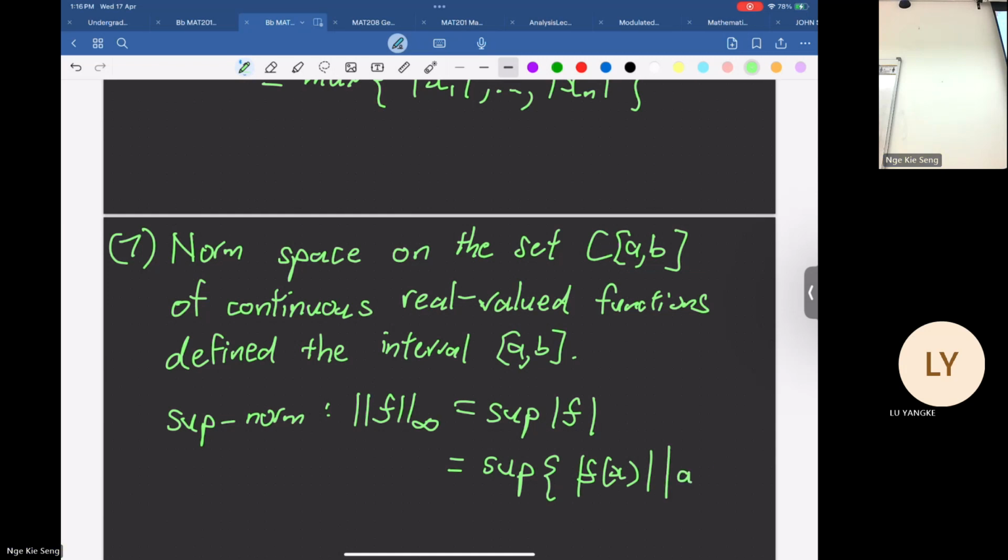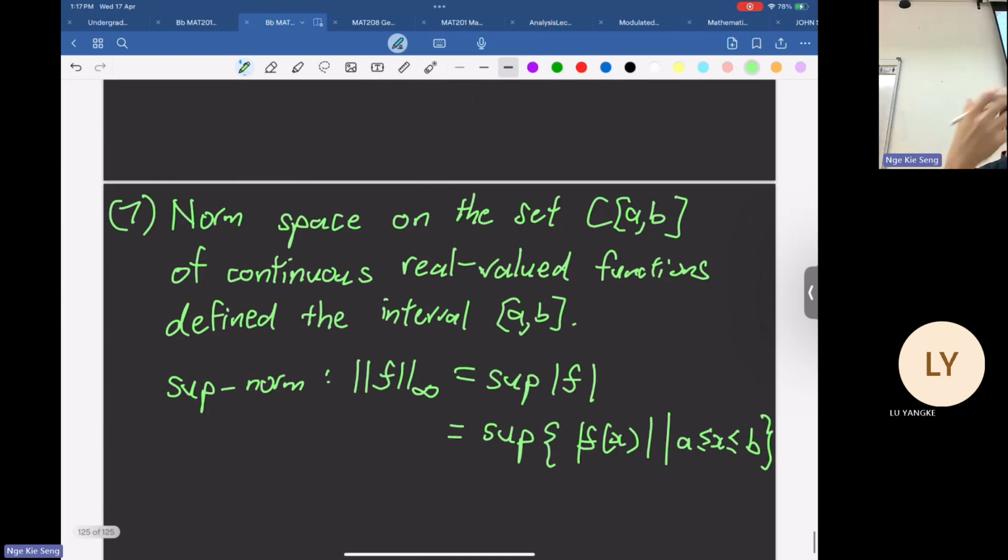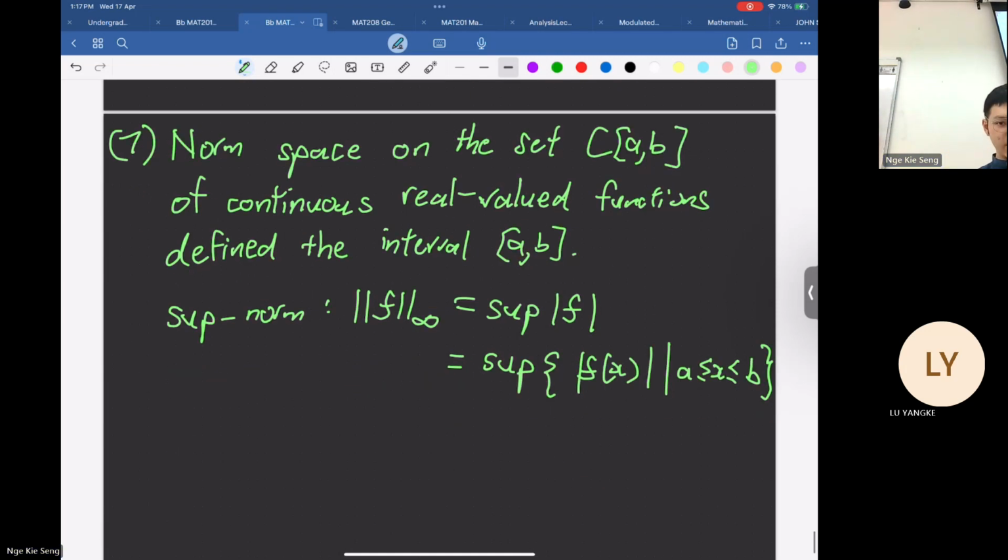Meaning we look at the image of the function, which lives in the reals because it's real valued, and then we take the supremum of it. We cannot take the maximum because you know the problem, right? If the sup is in this set, we will call it a maximum. If it's not, the least upper bound might lie outside the set.